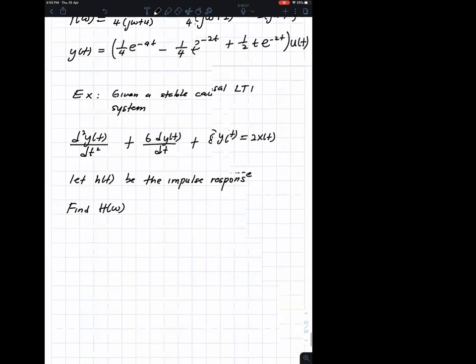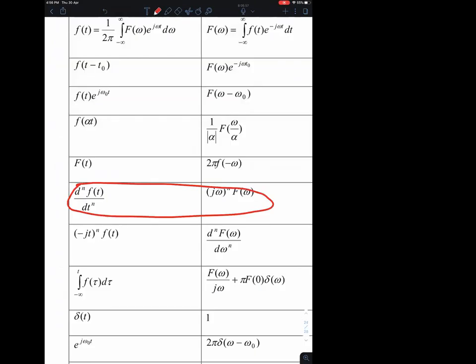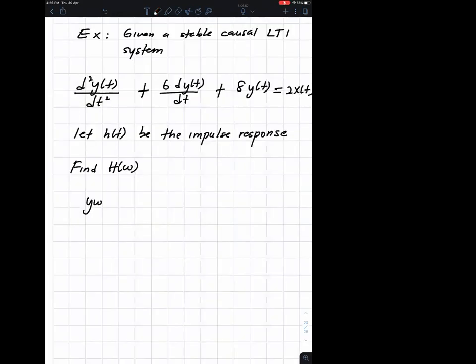In order to do that, you have to take the Fourier transform of the differential equation. Taking the Fourier transform of the entire differential equation, j omega squared Y omega plus 6 j omega Y as a function of omega plus 8 Y as a function of omega is going to be equal to 2 X as a function of omega.